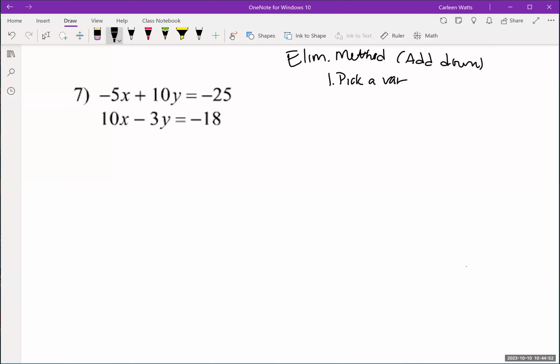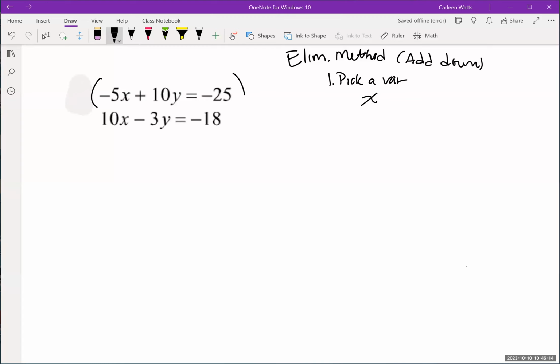So which variable are we going to pick? Okay, so the x, right? So I'm going to pick the x. So I'm going to multiply everything in the top by what number to make the coefficients match but opposite?